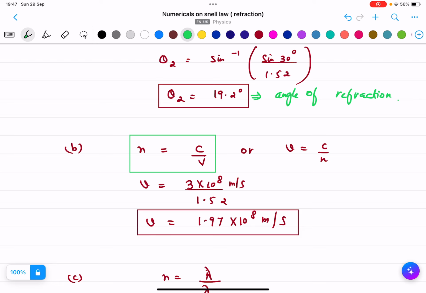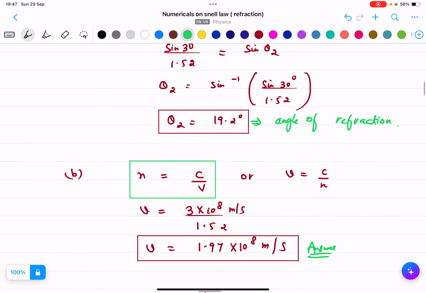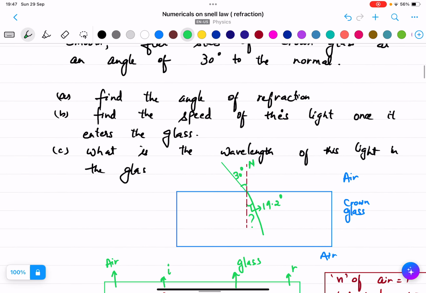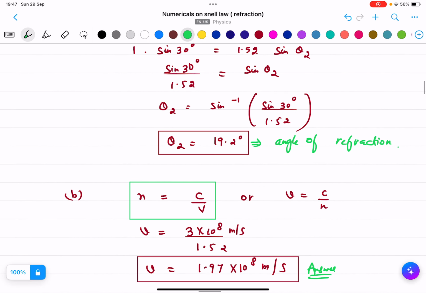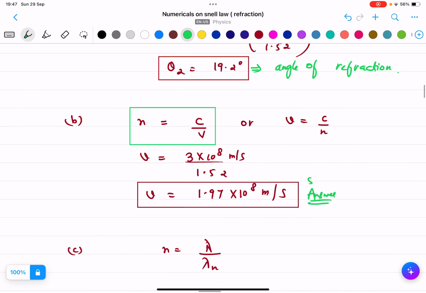Refractive index 1.52 is given. So this is v, the speed of light when entering into glass.